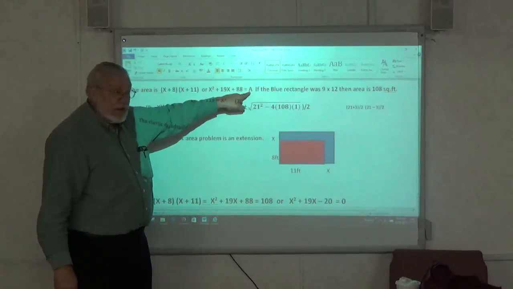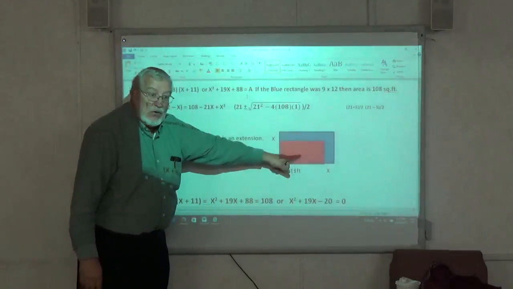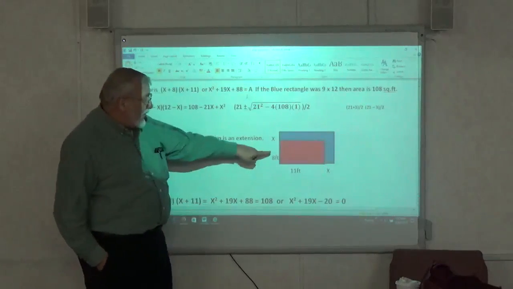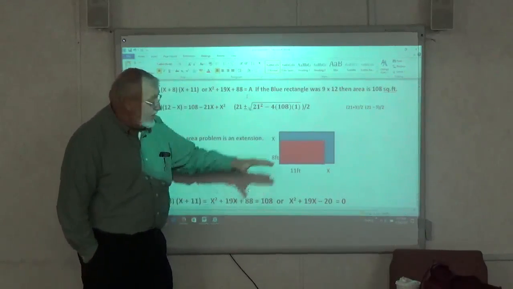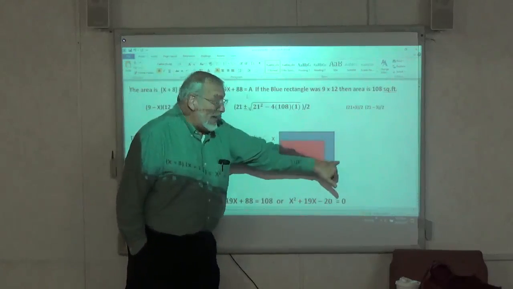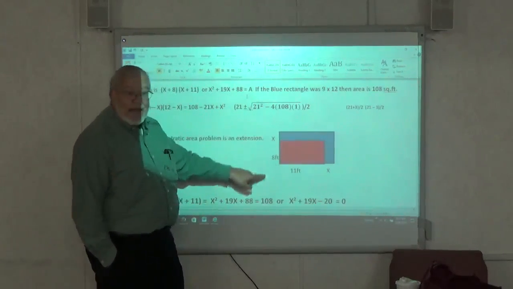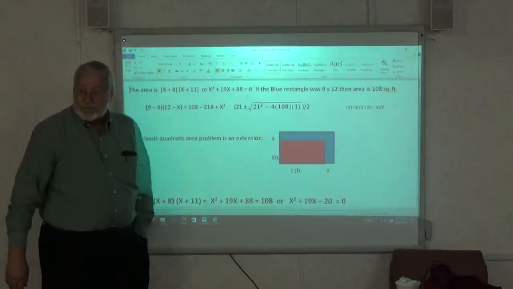Does that make sense? That's the equation they're trying to get you to look at. The 8 feet was extended by x feet this way and x feet that way, so now this is 11 plus x and this is 8 plus x, and that gives you your quadratic equation.